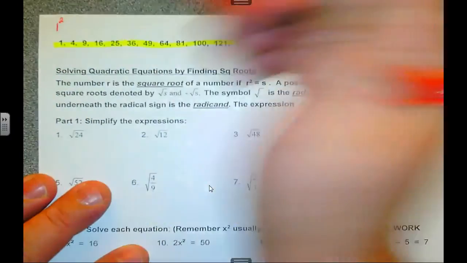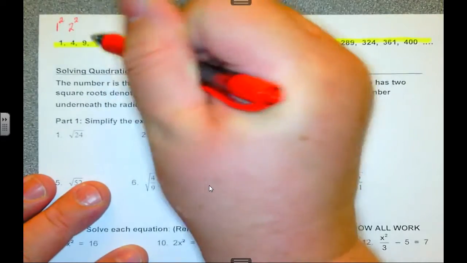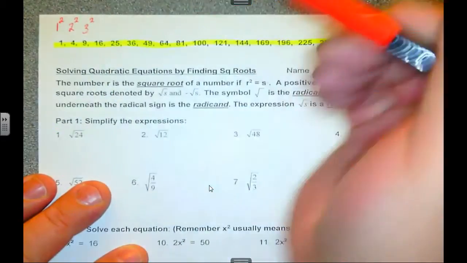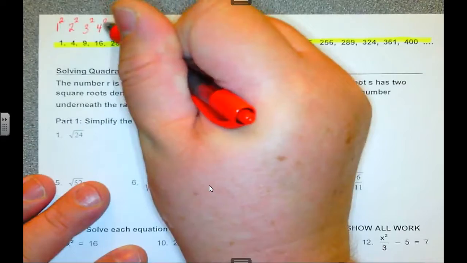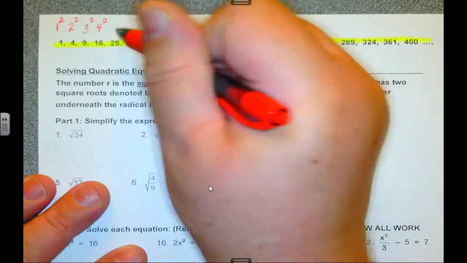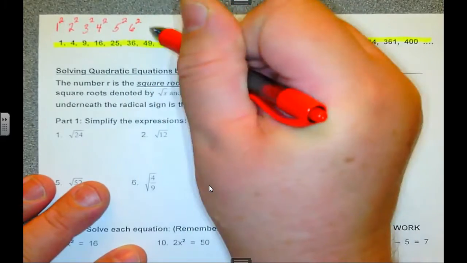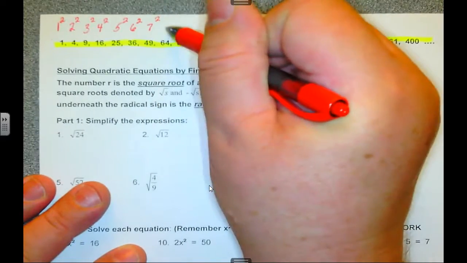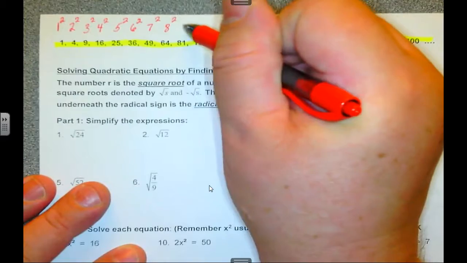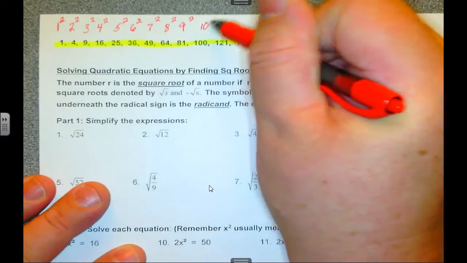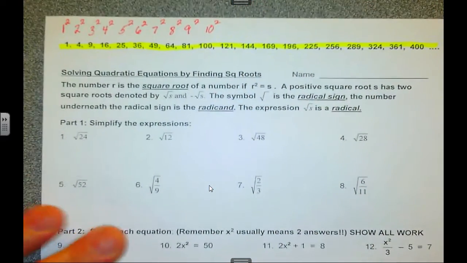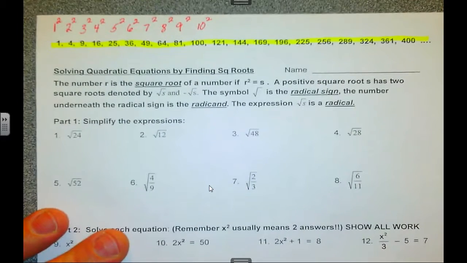So 1 squared is 1, 2 squared is 4, 3 squared is 9, 4 squared is 16, 5 squared is 25, 6 squared is 36, 7 squared is 49, 8 squared is 64, 9 squared, 81, 10 squared, and so on.